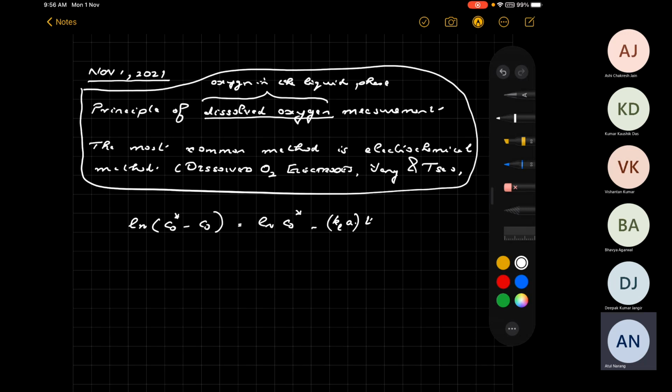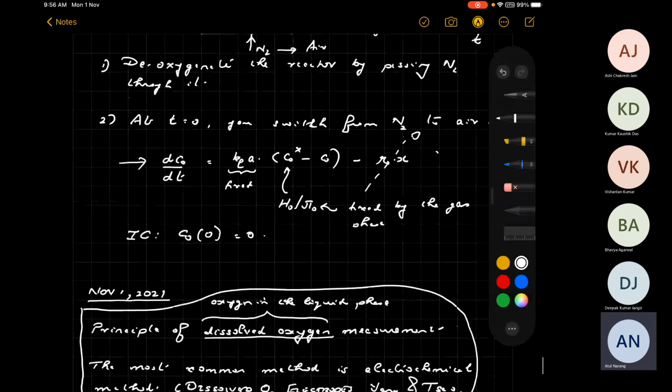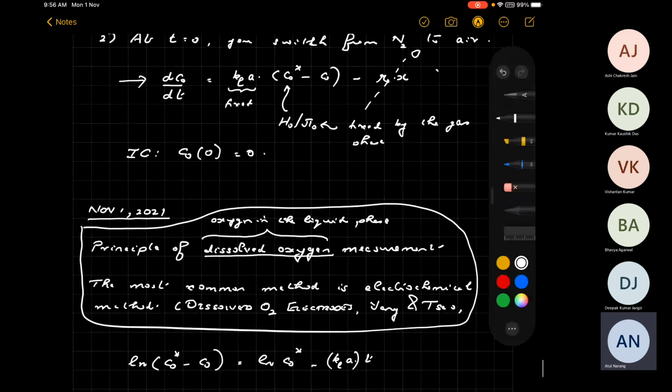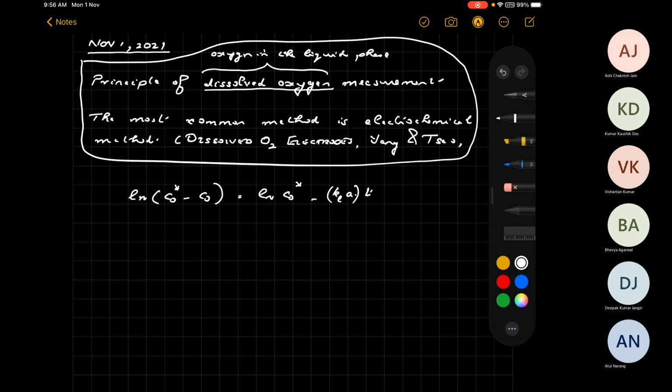So in other words, you're going to get some exponential increase. Another way in which it's easy to see what's going on is you get CL over CO star equals 1 minus e raised to the power minus KLA times T.